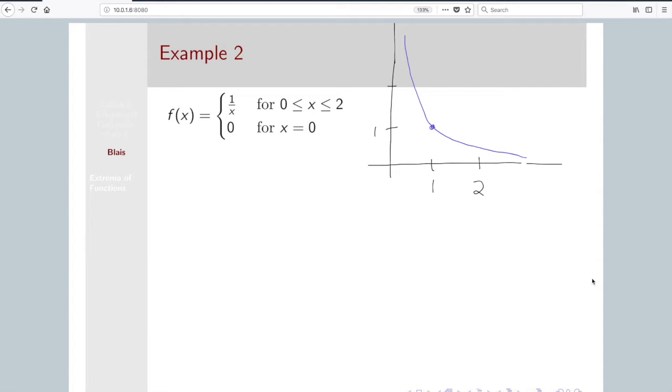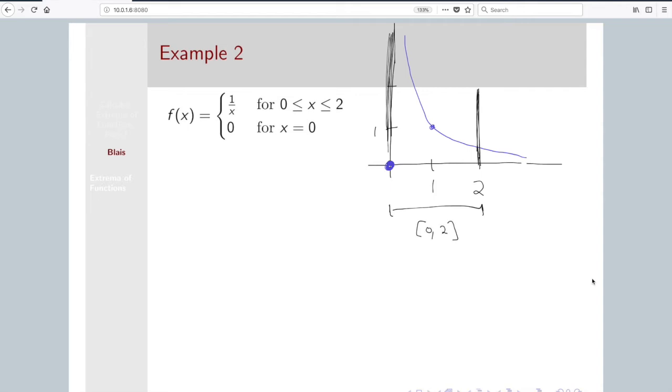But things are a little different here. We know we have this asymptotic behavior near the line x equals 0. It's actually a vertical asymptote. So the function is defined here at 0. But again, in this case, we're confined to this closed interval [0, 2].